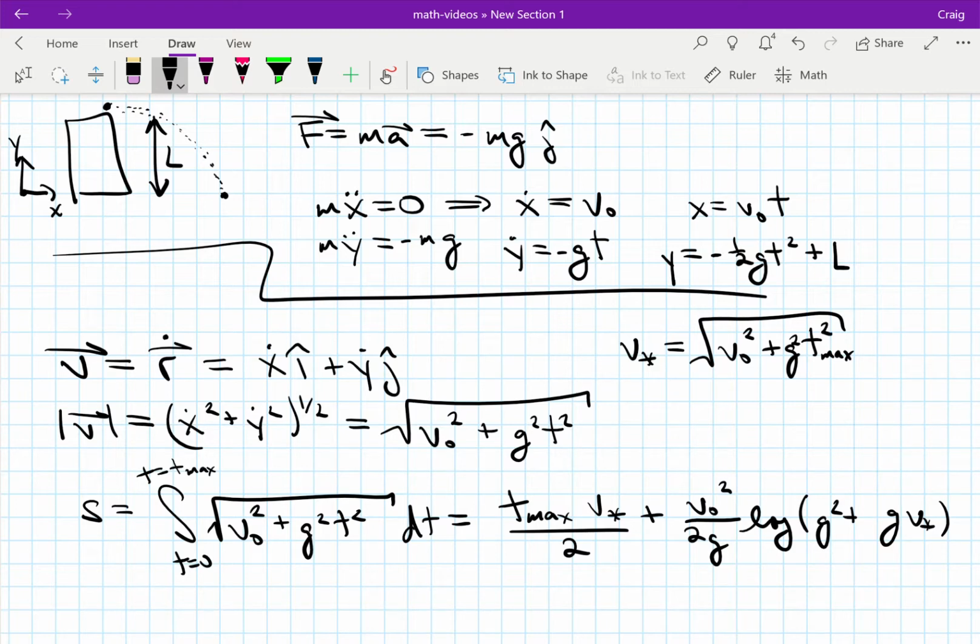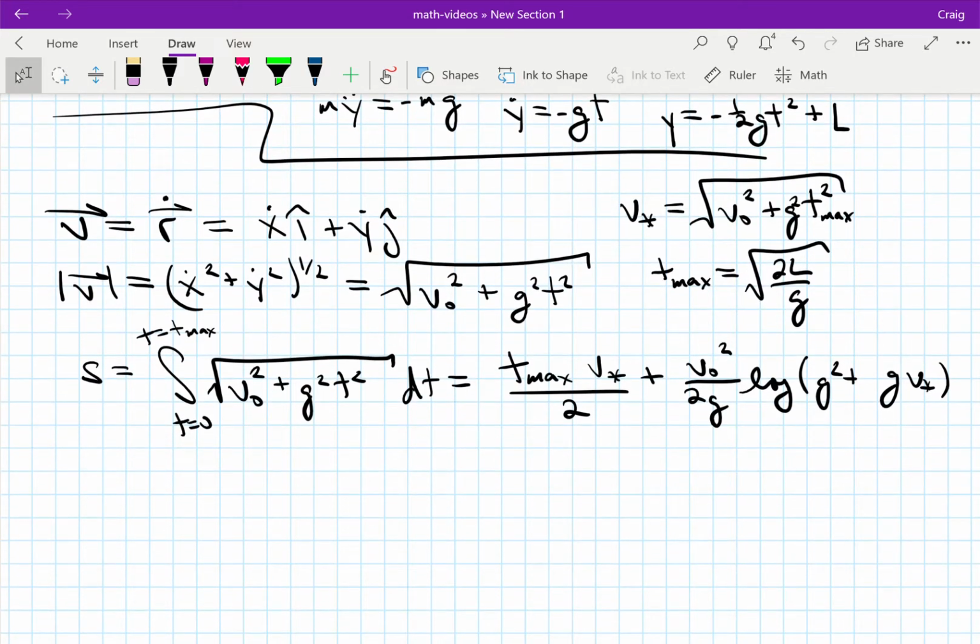And I can define t max. t max is just the time that it takes to fall. Okay, and so that's how long does it take to get from y equals L to y equals 0, and t max is equal to the square root of 2L over g. So if I put these two constants into that expression, that will give me the total arc length.